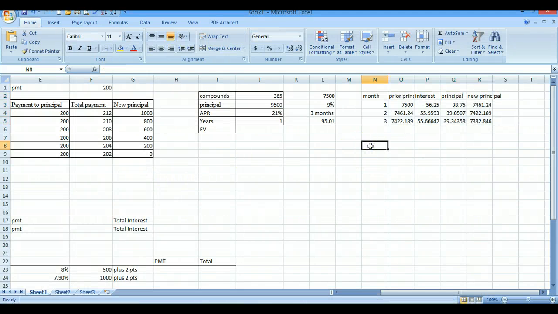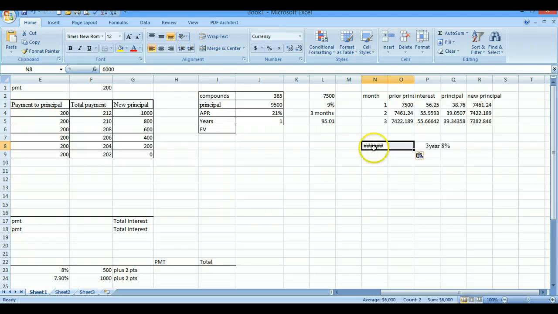So I know what all the information is. It was a $6,000 loan. It was for 3 years, and it was at 8%.